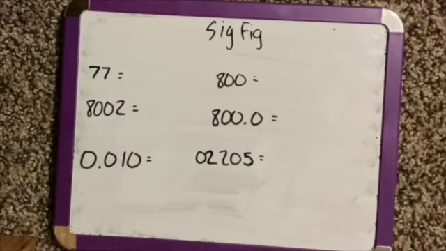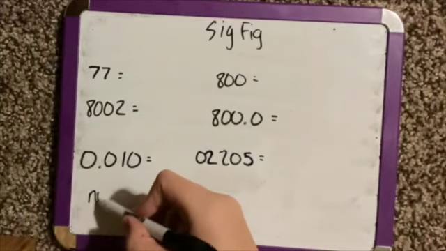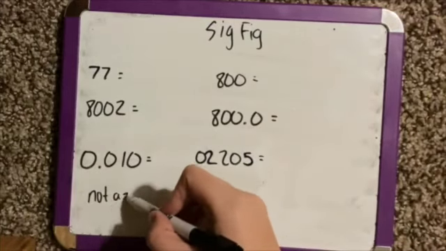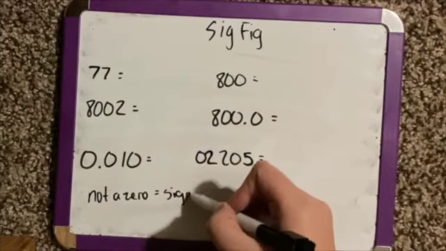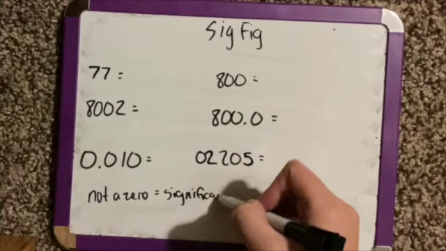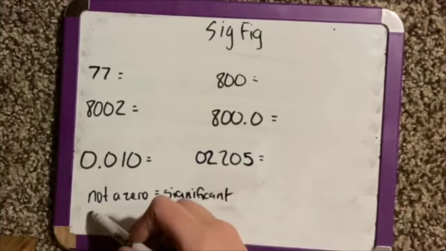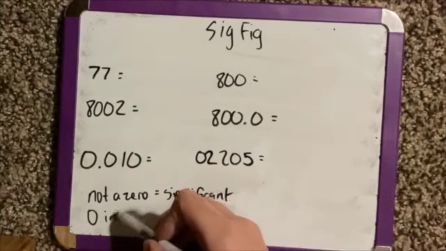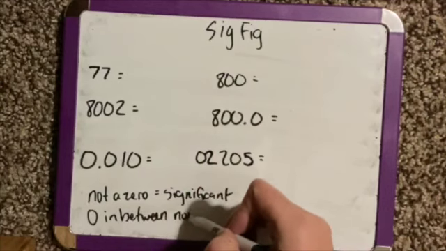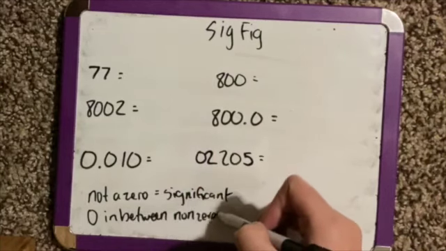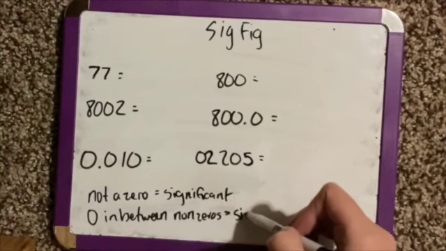All right, so here's some practice for significant figures. So, to remember the rules: if it's not a 0, it is significant. If a 0 is in between non-zeros, it is significant.